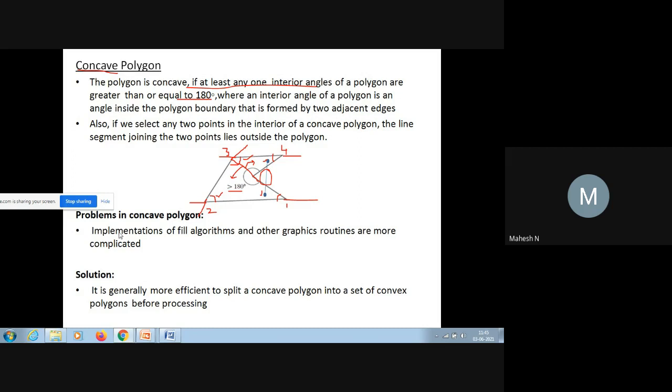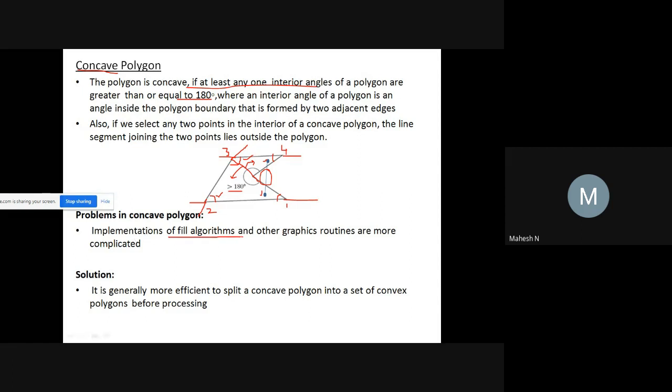So now what is the problem with my concave polygon? The problem is that implementation of fill algorithms and other graphics routines is more complicated. Why does it become complicated? Because of this property. If I take any two vertices, I cannot blindly go on filling the line between the two vertices with the required color, thinking that the complete line will be inside the polygon, because some part of the line will be outside the polygon, where that color filling should not be done.